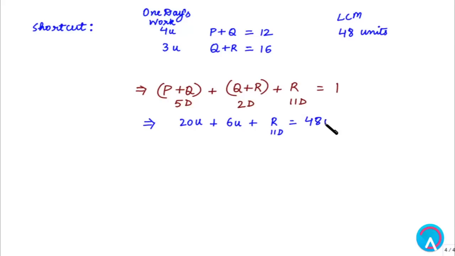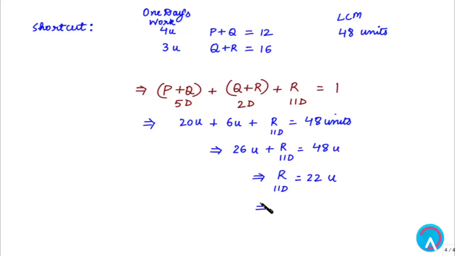So work here has been considered to be 48 units. Now very easily we can find out: 20 plus 6 is 26 units, plus R's 11-day work is equal to 48 units. This implies R's 11-day work is 22 units.